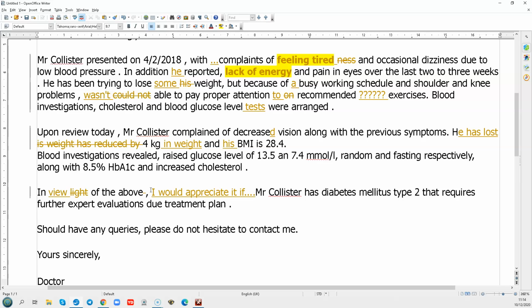So this is kind of mixed up. We've got 2 separate things here. So, in view of the above, my provisional diagnosis is blah, blah, blah. I would appreciate it if you could. Okay? So you have to do it like that. So, I would appreciate it if you could assess, evaluate and treat Mr. Collister. So we need some sentence that talks about my diagnosis.